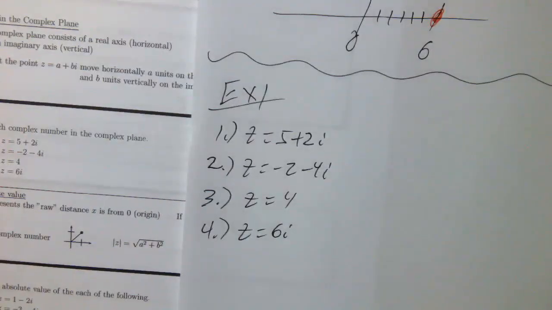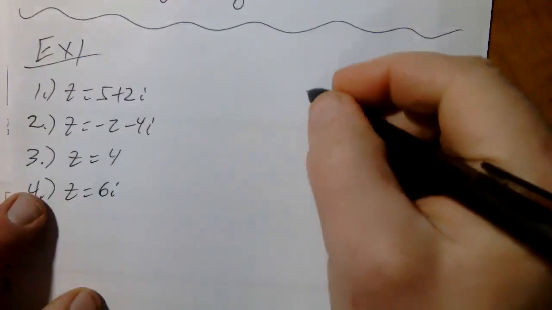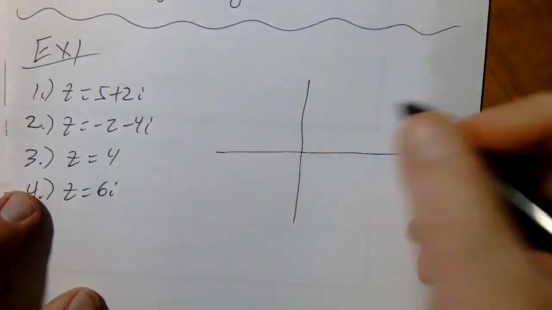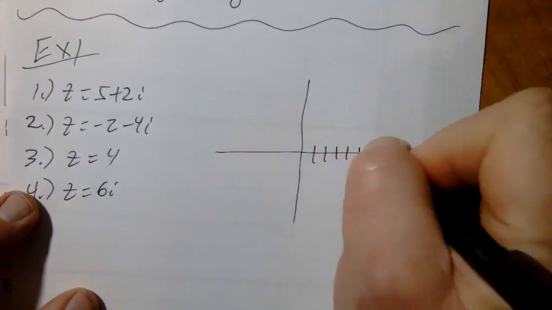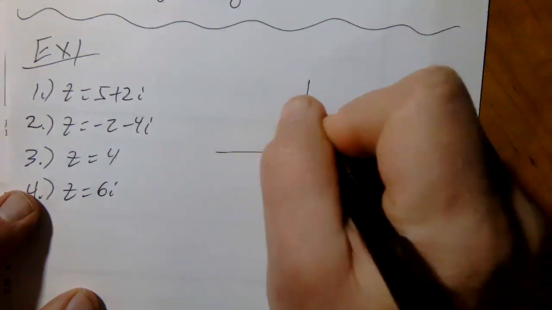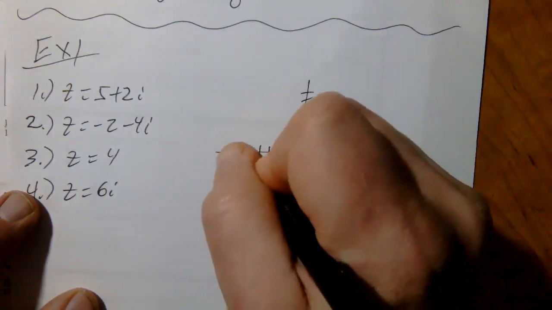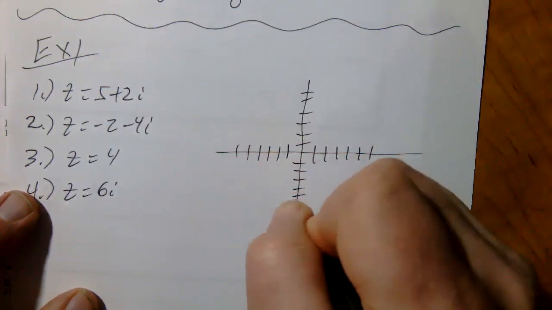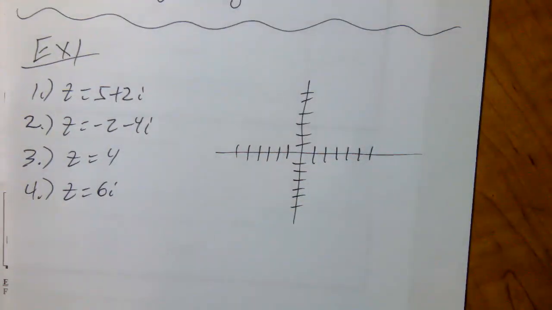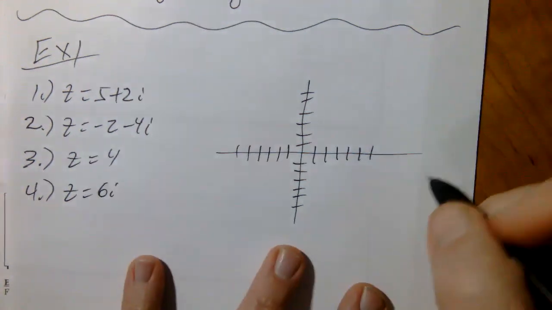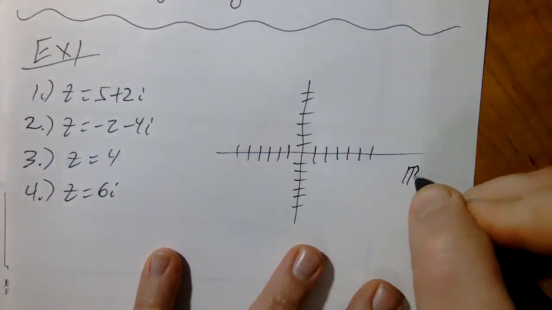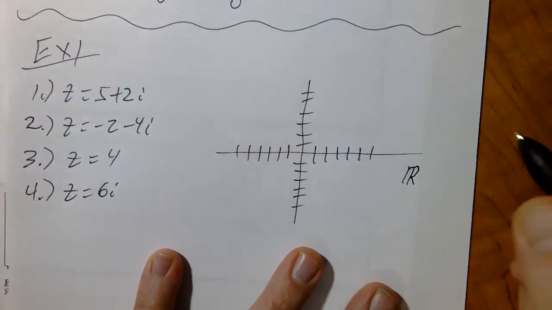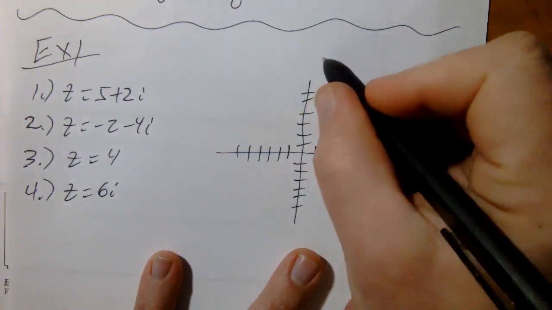It's kind of like that usual setup. We could draw a full grid if you wanted, but the only thing that's different is this is the real part. You've probably seen this before with the R here, and then this would be the imaginary part.